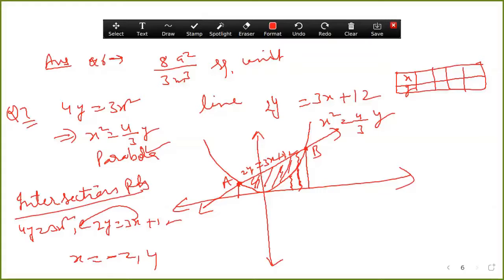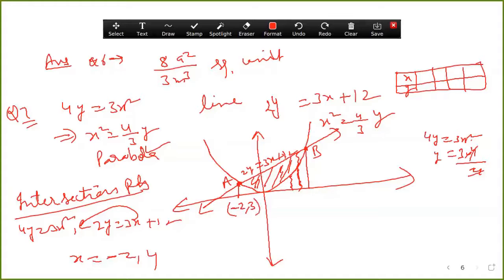If x is minus 2, then y will be equal to, put it in 4y is equal to 3x square. When you put x is equal to minus 2, it becomes 4y equal to 12, and y is equal to 3.